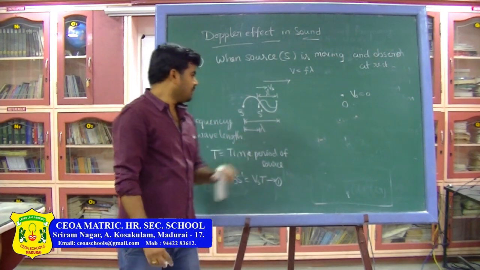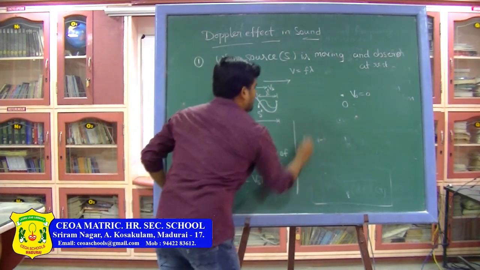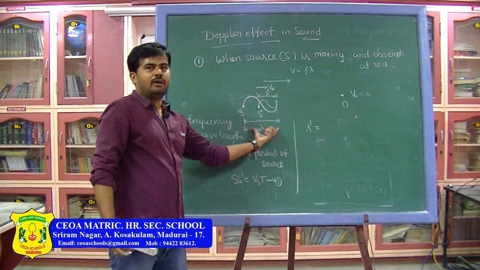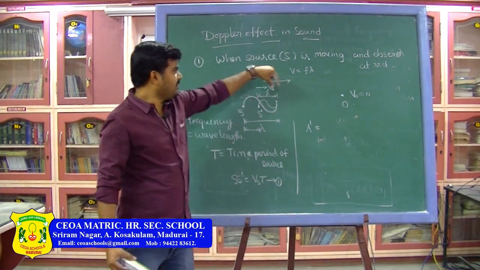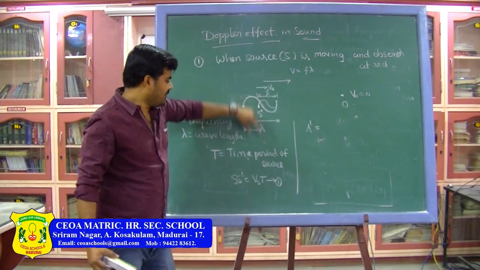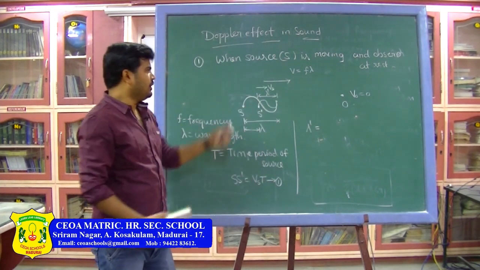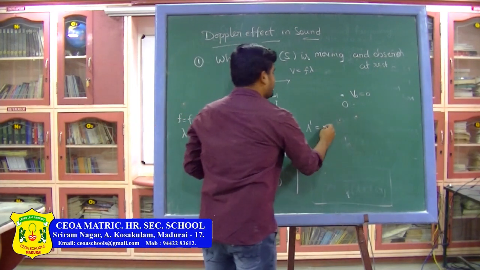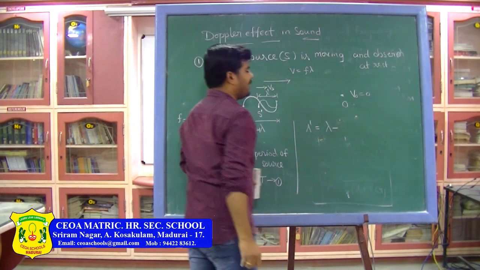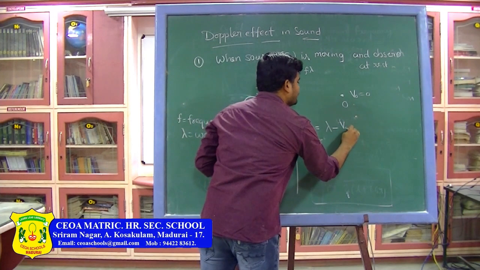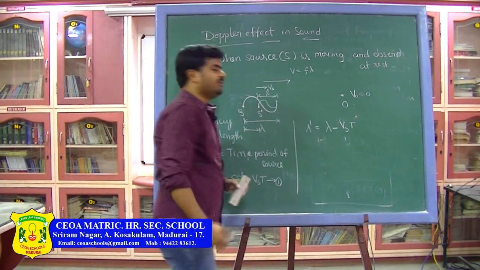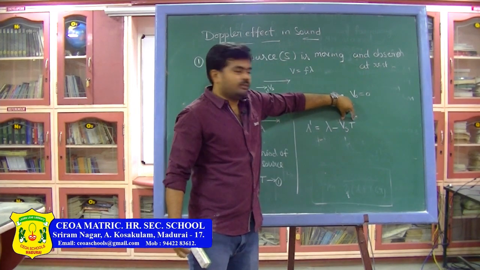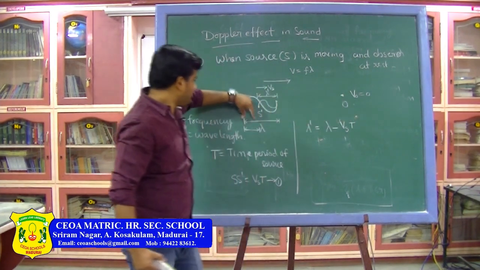So, that observed wavelength lambda dash is equal to the actual wavelength, lambda, minus the distance moved by the source in the time span of one time period, that is Vs into T. This is the distance moved, or the S S dash value.